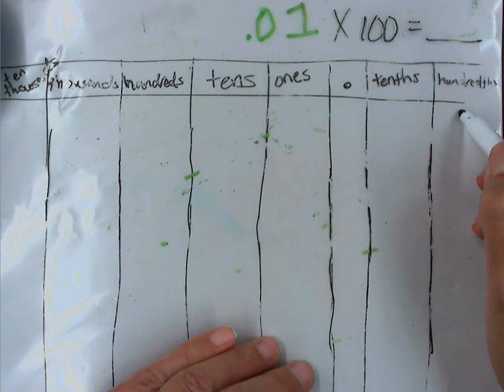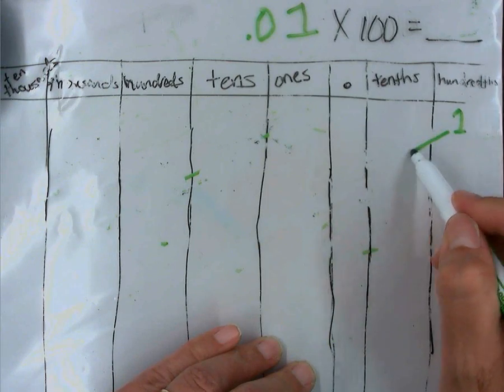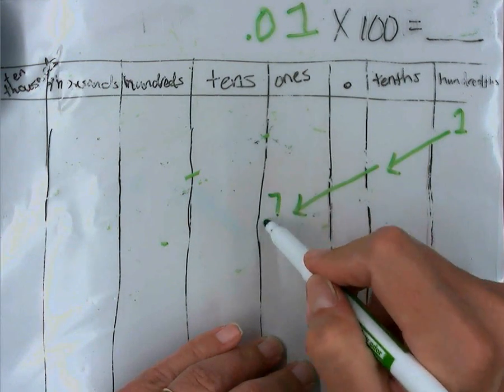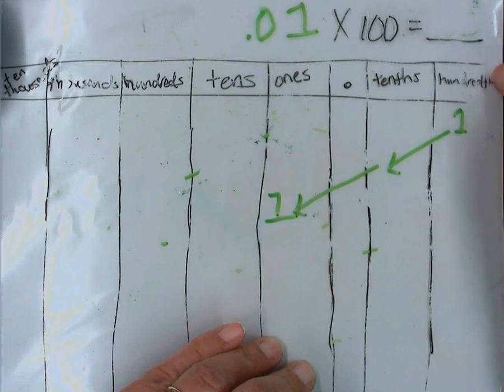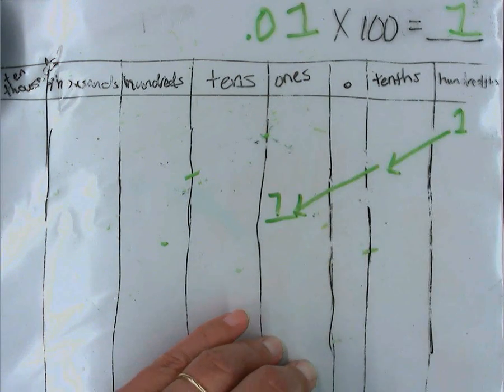If we start here with 1/100th and gain 2 place values, we've gained 1, we've gained 2. And so if it's hundredths, and you have 100 of them, all of a sudden you have a whole unit.